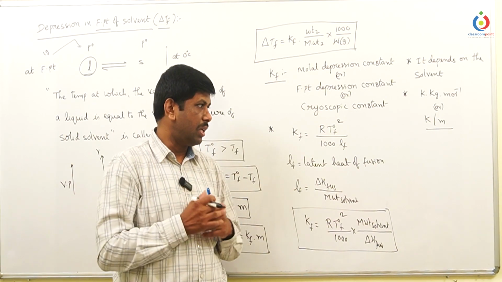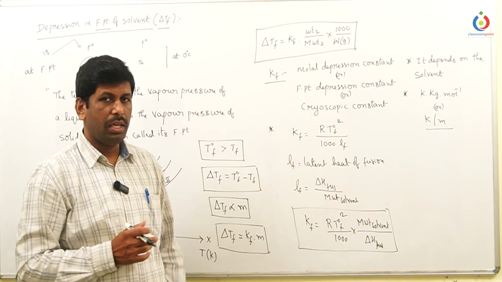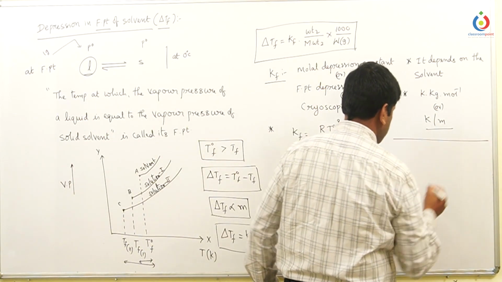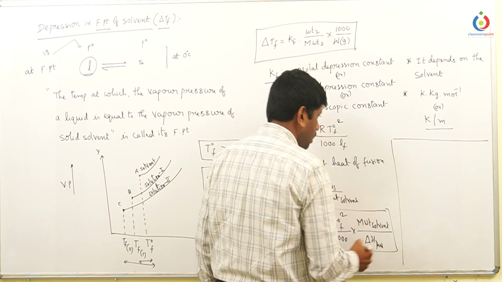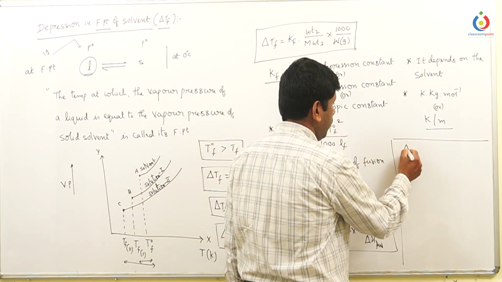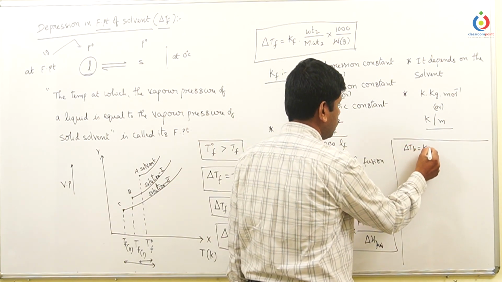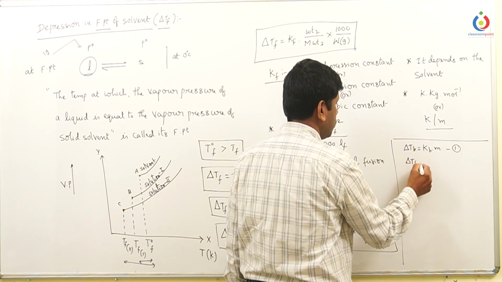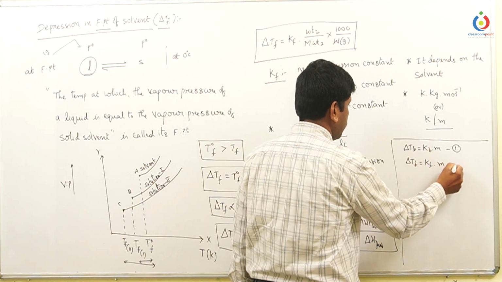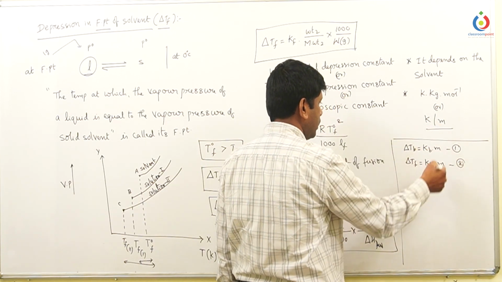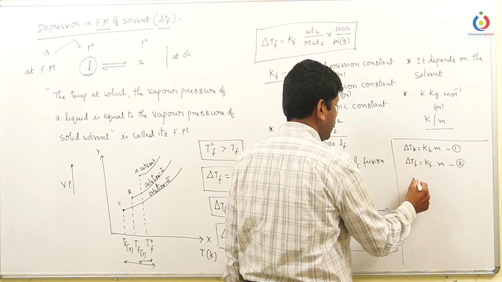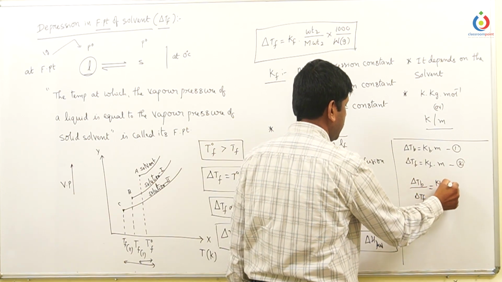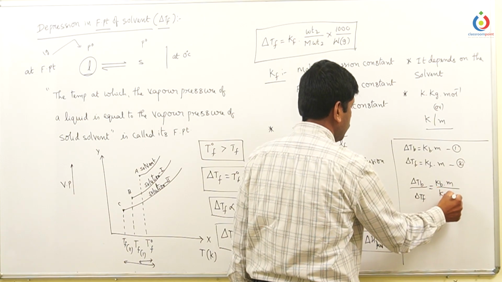Now let us see the relation between delta TF and delta TB, elevation of boiling point and depression of freezing point. We know that elevation of boiling point delta TB equals Kb into m, equation 1, and delta TF equals Kf into m, equation 2. Now divide equation 1 by equation 2, so that we get delta TB by delta TF equals Kb into molality by Kf into molality.